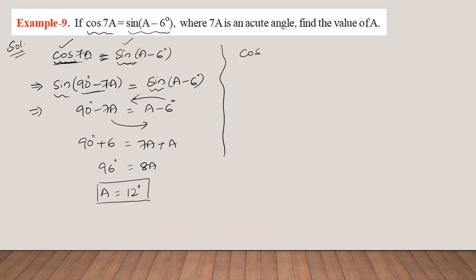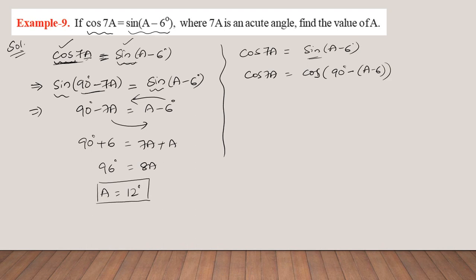Otherwise, you can write cos 7a is equal to sin of a minus 6. So this is the given equation, right? So instead of changing cos 7a, you can change sin of a minus 6 also. But here the problem is, this sin of a minus 6 I can write as cos of 90 minus of a minus 6.